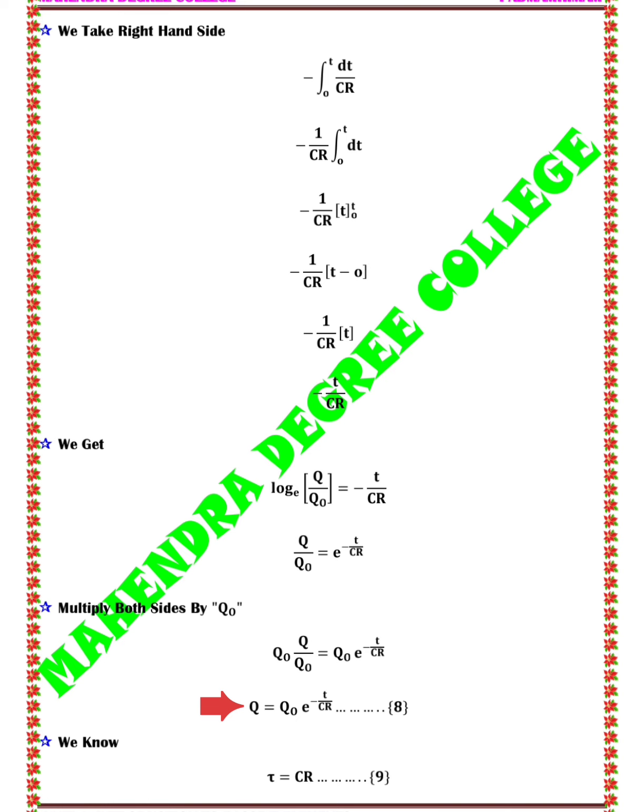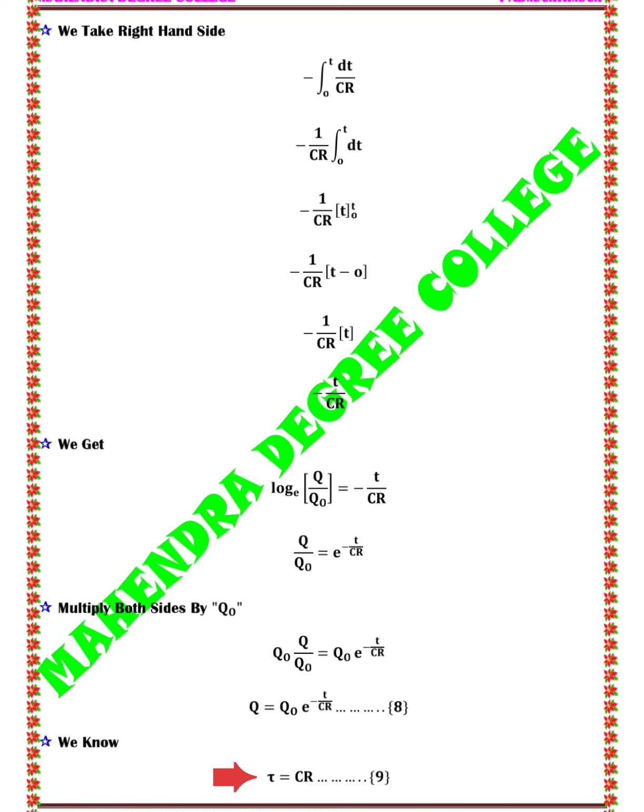Finally, Q equals Q naught e power minus t by CR. This is equation number 8. We know the formula tau equals CR. This is equation number 9.